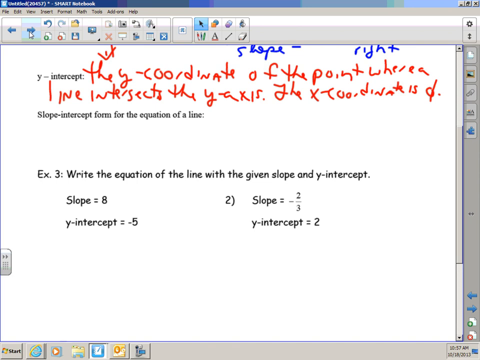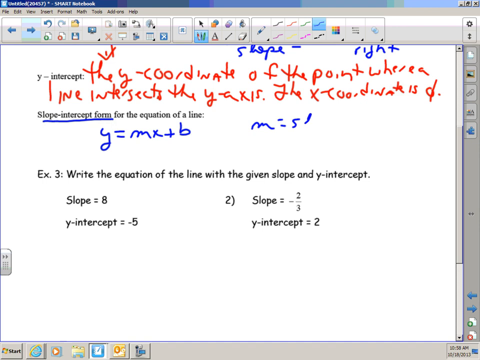There's only one level of steepness, and it can only intersect the y-axis at one place. So those two elements are critical, and that's why we have what's called the slope-intercept form of a line. The form is y equals mx plus b, where m, as we said before, is the slope, and b is the y-intercept.